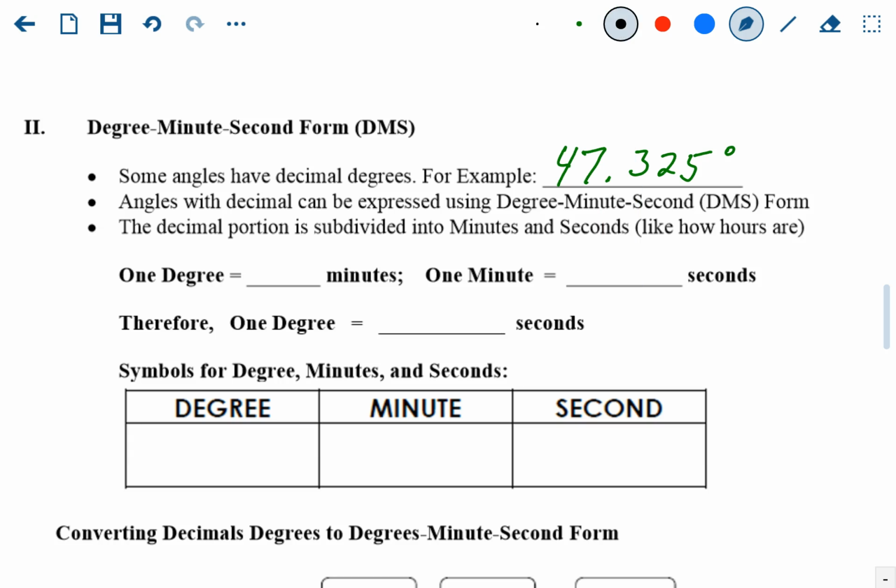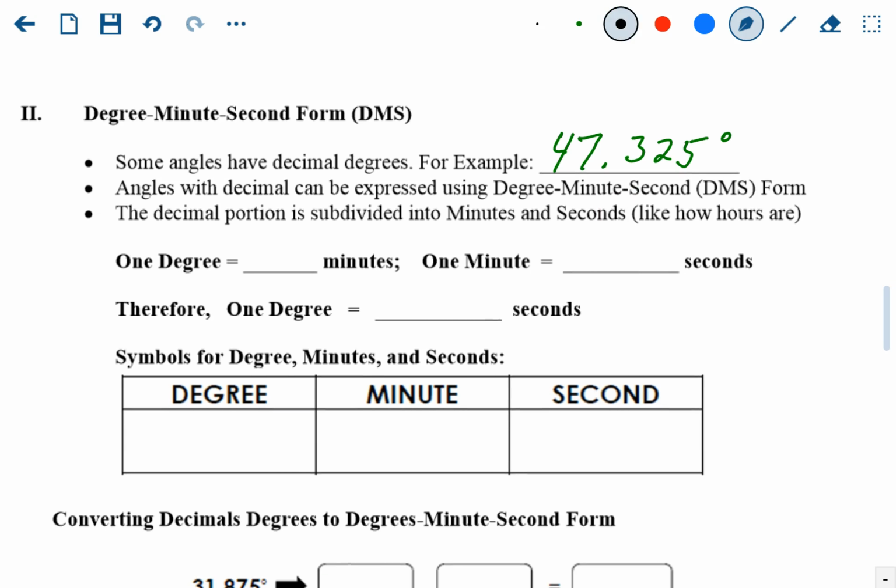It's the biggest unit. 1 degree is 60 minutes, just like 1 hour is 60 minutes. 1 minute in time is 60 seconds, and in degree measure 1 minute is 60 seconds. So you can combine those and say that 1 degree is 60 times 60, 3,600 seconds. Again, same thing with time. 1 hour is 3,600 seconds.